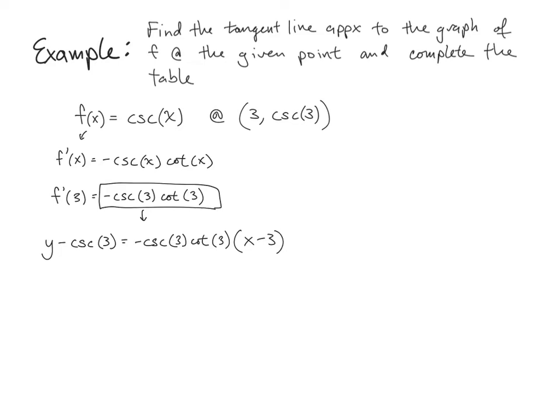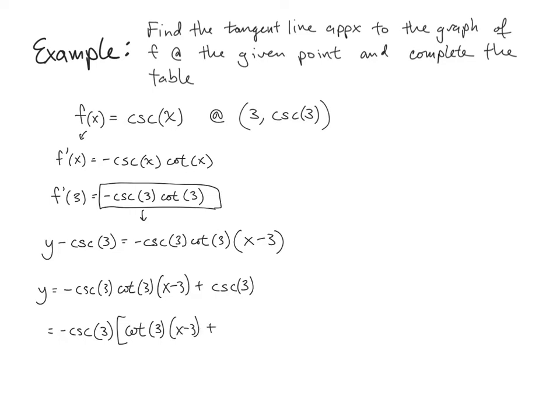Lastly, if we can solve this for y, we will get y equals negative cosecant 3 cotangent 3 times x minus 3 plus cosecant 3. And if you wanted to be really fancy about it, you could factor out a negative cosecant 3, leaving you with a cotangent 3 times x minus 3 plus 1.